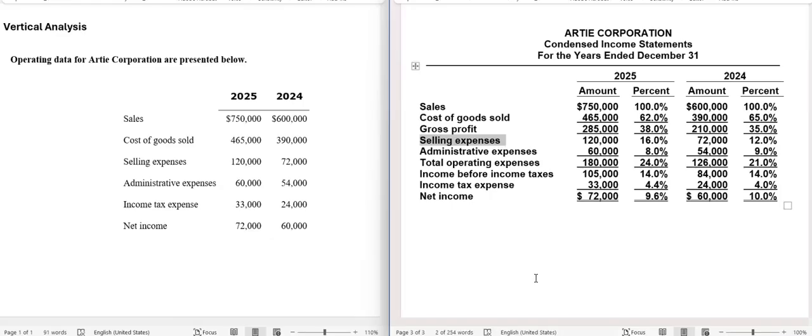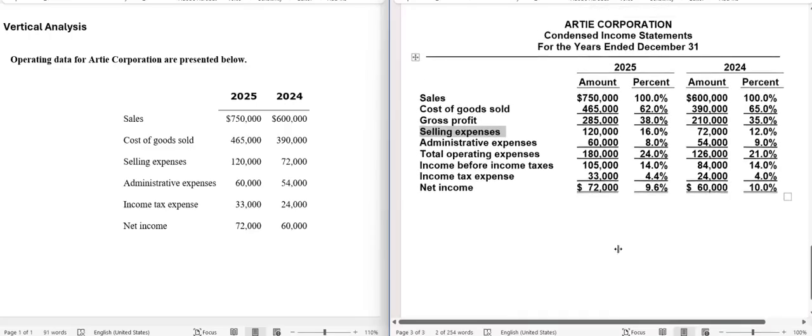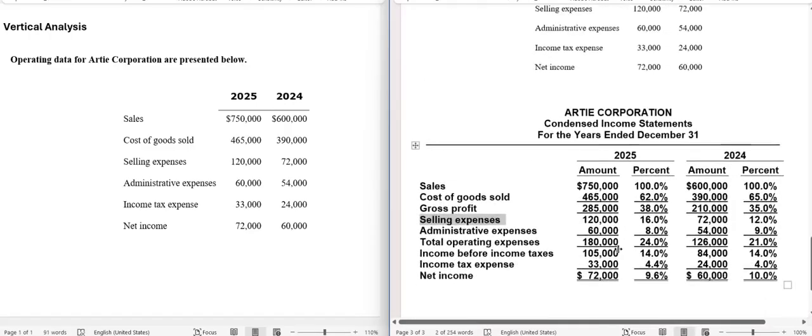So let's be more cognizant of it. But again, just like with the horizontal analysis, vertical analysis helps us manage by exception. We look at where we need to focus our concerns or our efforts, and that is where we direct our attention. All right, hopefully this helps with the application of these two tools.